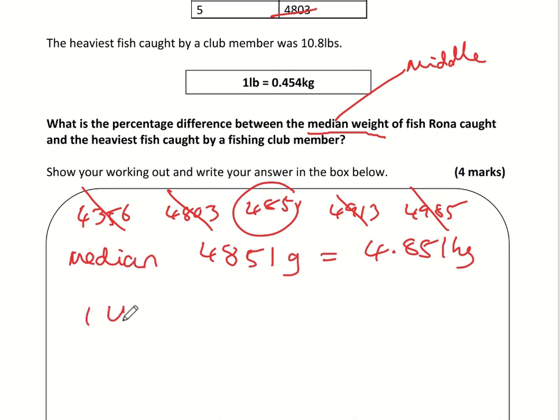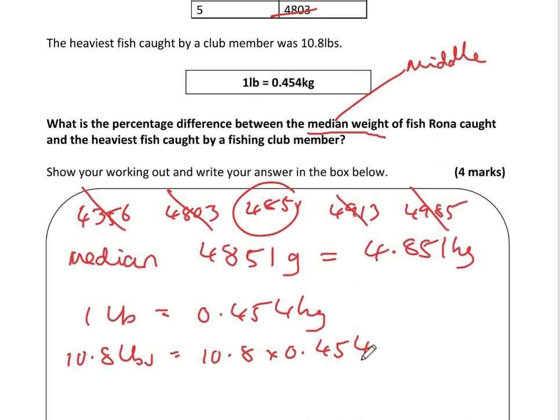So if 1 pound is 0.454 kg, then 10.8 pounds is 10.8 multiplied by 0.454, and that is 4.9032 kilos.